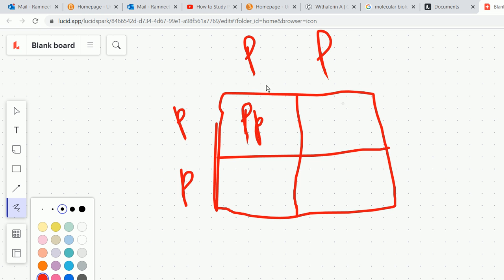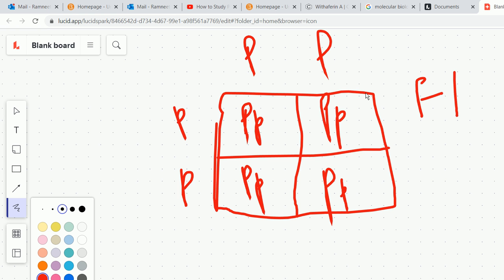When this fuses with this, it's going to form capital P and small p. When this fuses with this, capital P and small p, capital P and small p. Okay, so all of them have the same genotype. They are heterozygous and the phenotype is purple. This is the F1 generation. Okay, we are talking about Mendel's monohybrid cross.